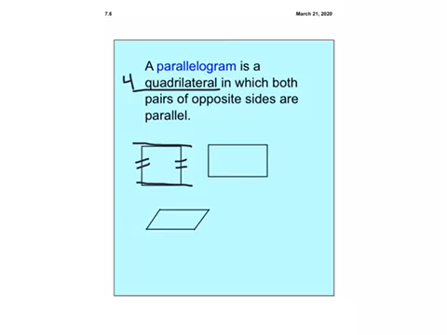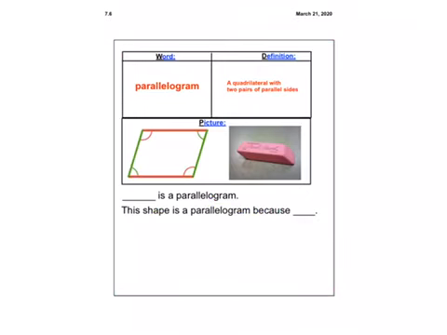If we look at the next shape, the rectangle, these opposite sides are parallel and the opposite sides here are parallel. And even if we look at this shape here, the line here and here is parallel to each other. And these 2 lines are also parallel to each other. That's a parallelogram.